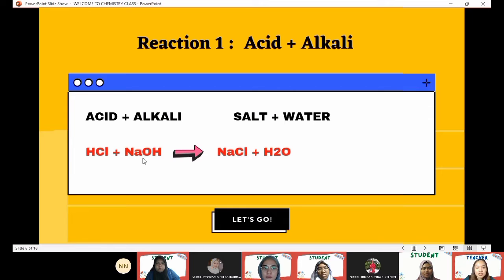You just combine these two to become your salt, because OH and H have combined to become the water molecule. So your salt will be Na combined with Cl, and the salt formed is sodium chloride.